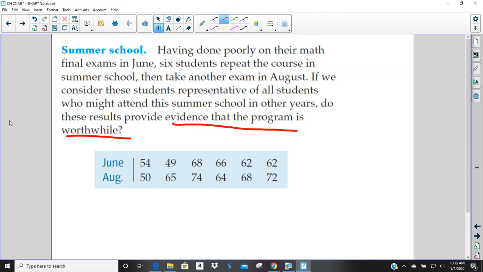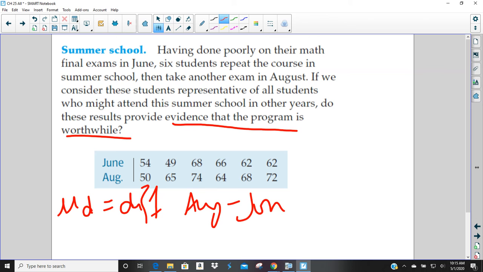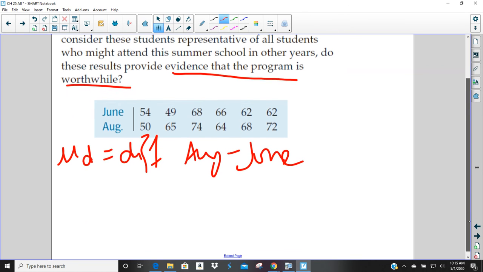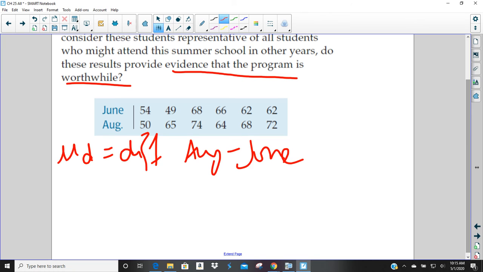So I still have my data in there. We're going to use mu d as the difference between August minus June. Okay. Let's do our hypothesis test. H0: mu d equals 0.